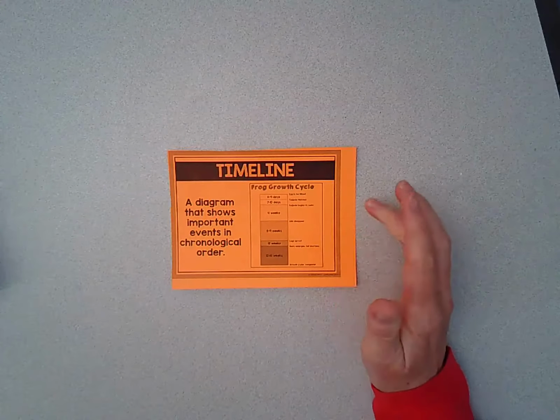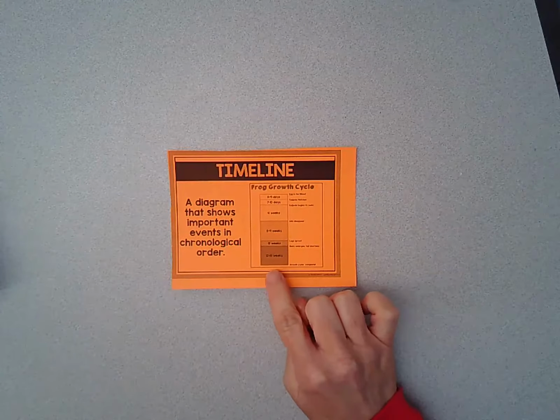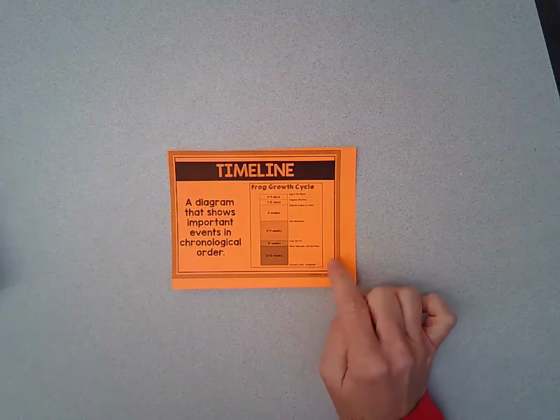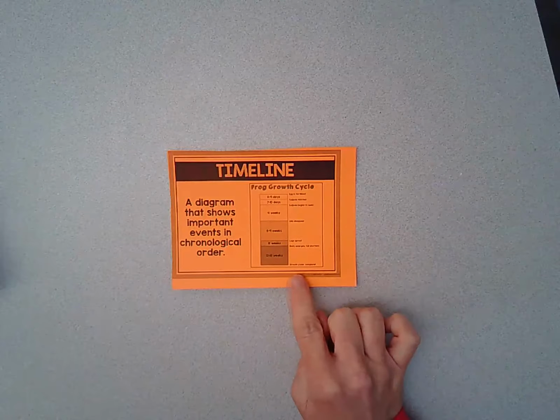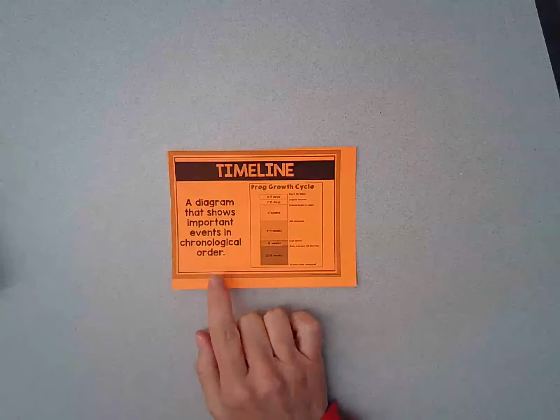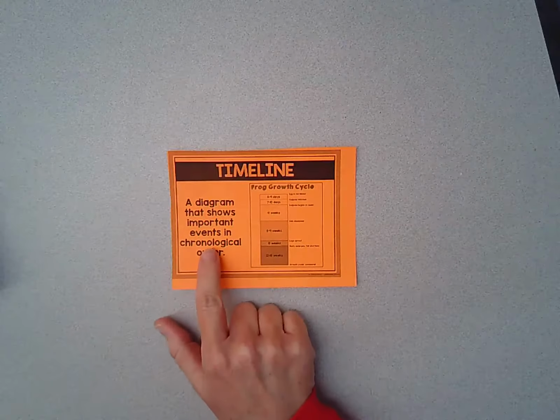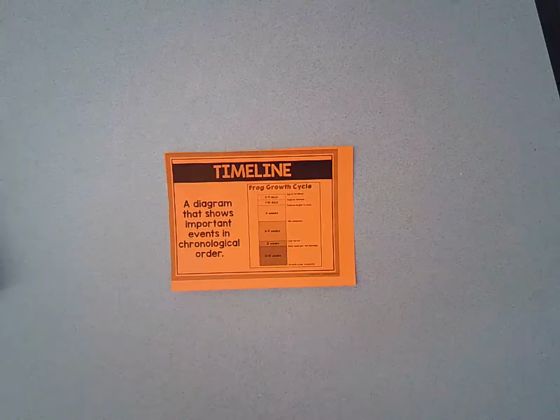That means legs develop. And then 12 to 16 weeks, body enlarges, tail shortens, and then growth cycle complete. So remember, timelines provide us events in chronological order. So that means in the order in which they happen.